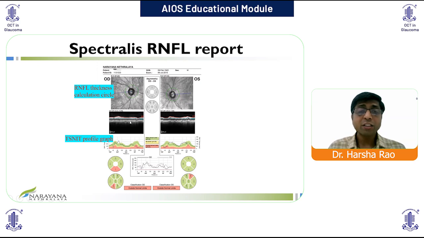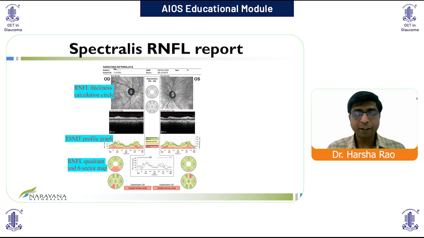Because of the higher resolution of the OCT, the segmentation of the RNFL is better seen on the Spectralis reports. The other one is the T-SNIT profile graph, very similar to the T-SNIT profile graphs of the other OCT machines. And the other region is the RNFL thickness in quadrants and the 6 sector maps of Spectralis.